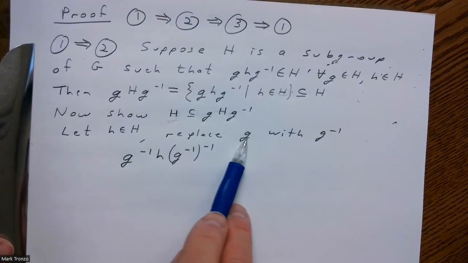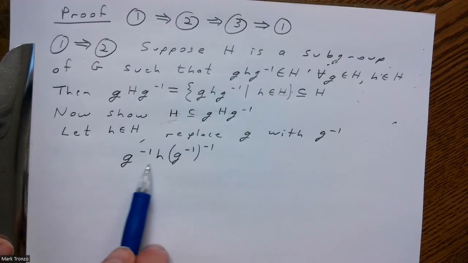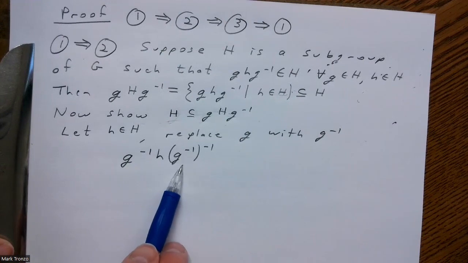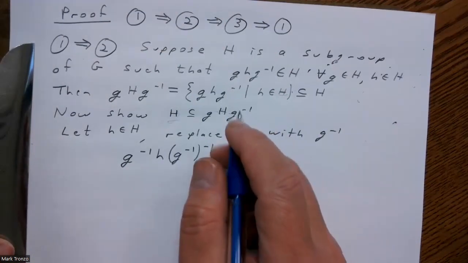because this g and g inverse are both members of G, we can replace this with g inverse here. And then, of course, what is this going to be?